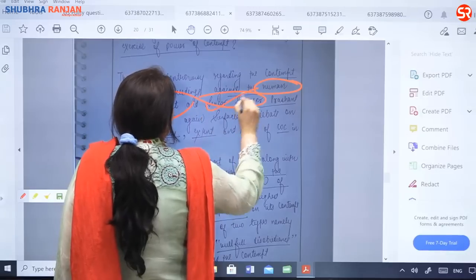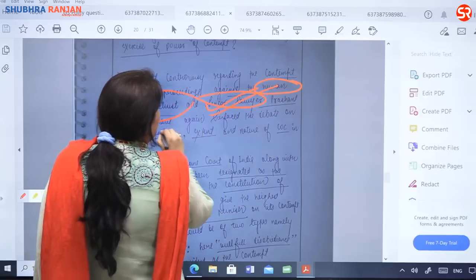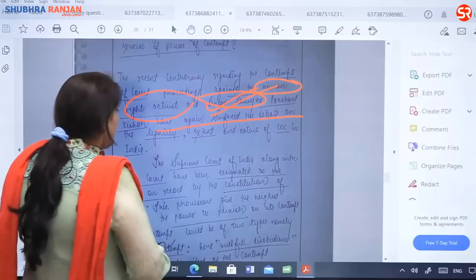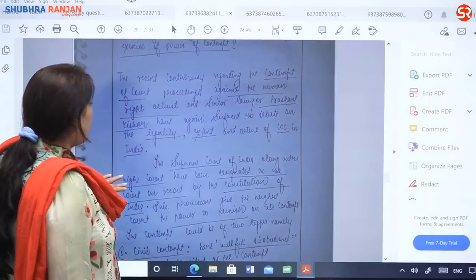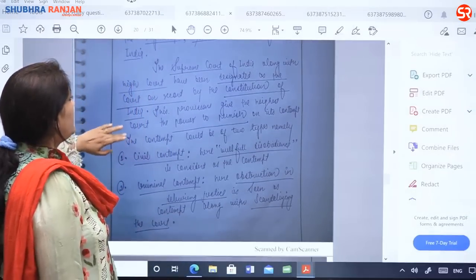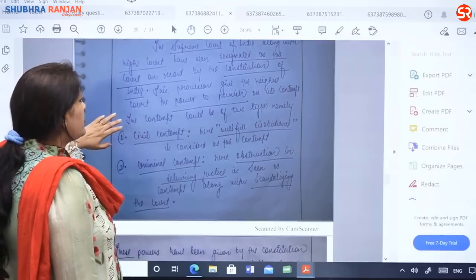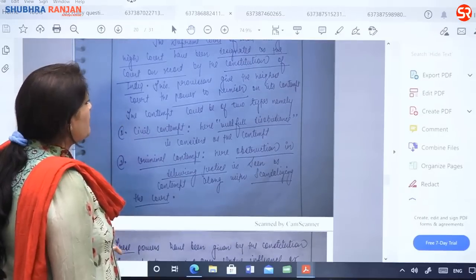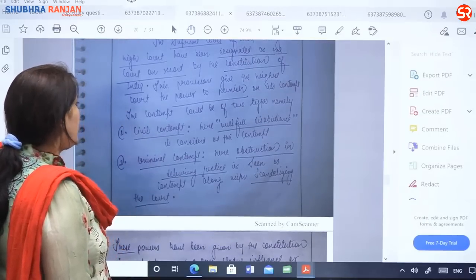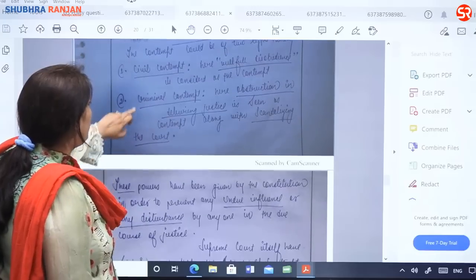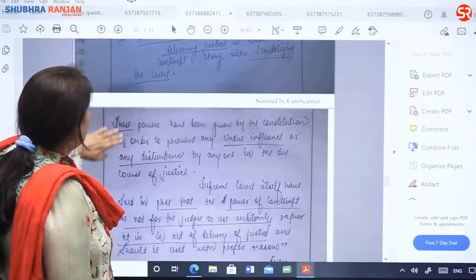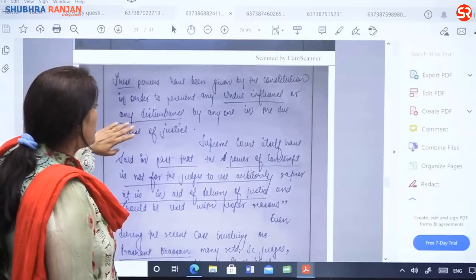You can simply write senior lawyer, have again surfaced the debate. The Supreme Court of India along with High Courts has been designated as a court of record by the Constitution. Good. This provision gives the highest court the power to punish for its contempt. The contempt could be of two types, civil and criminal. Perfect. These powers have been given by the Constitution.